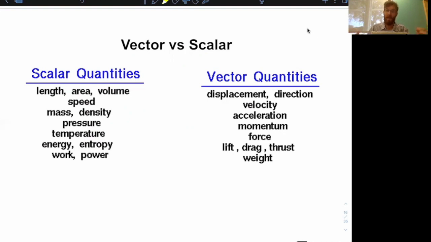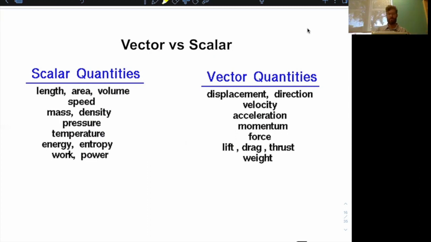They are scalar quantities. When we do talk about things like velocity and acceleration and momentum and force, even when you speak about them, you say that they are going in a specific direction, right? So we even talk about this idea of vector versus scalar in our language.